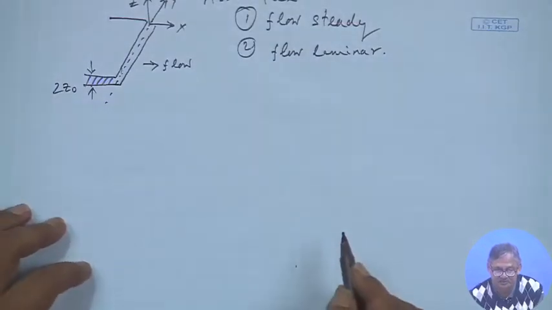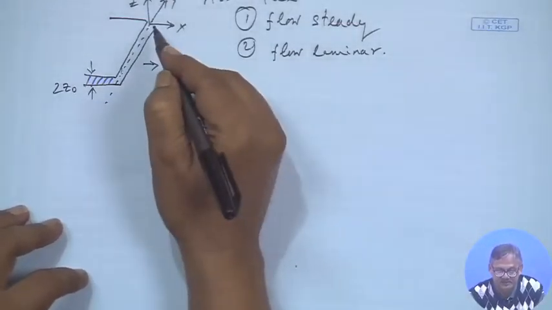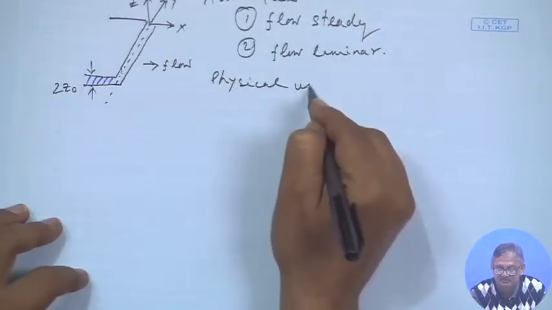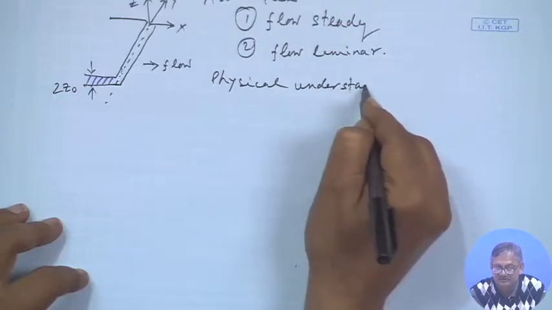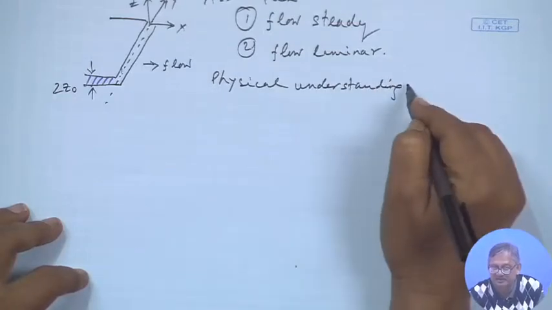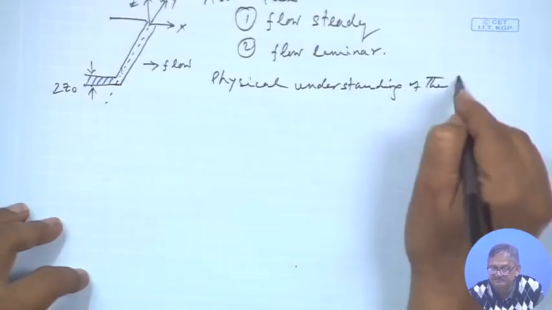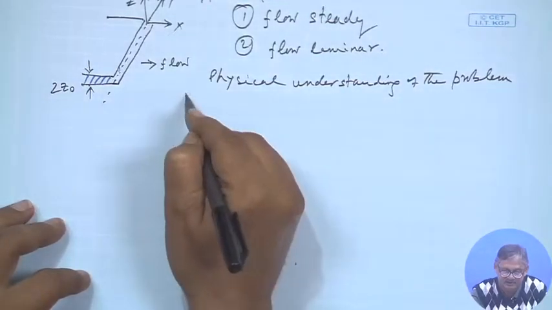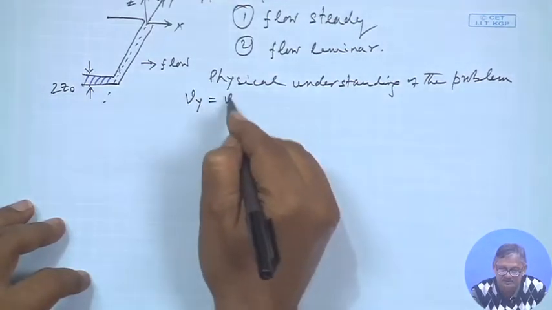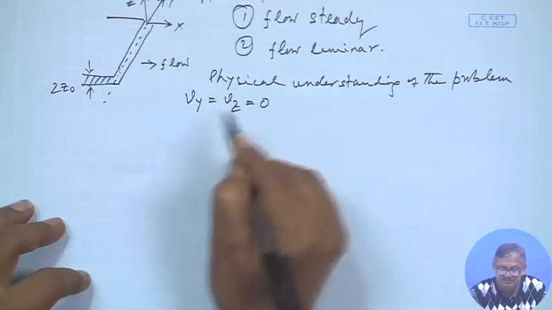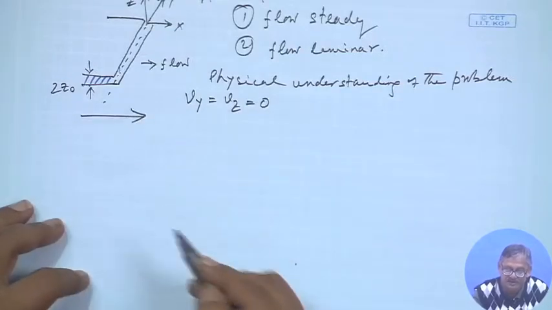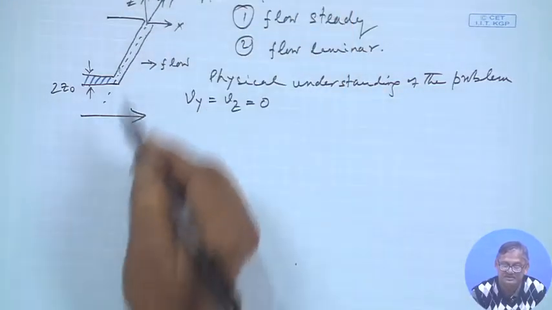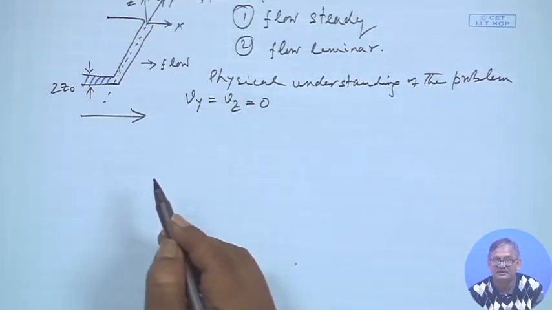If that be true, then from the physical understanding of the problem, we can say that Vy is equal to Vz is equal to 0, because flow is taking place only in the x direction, right. So, there is no flow in the y direction, there is no flow in the vertical z direction.